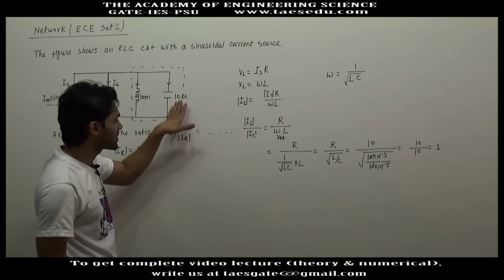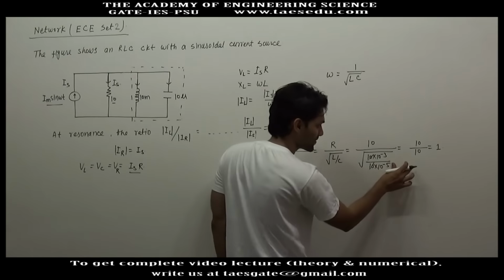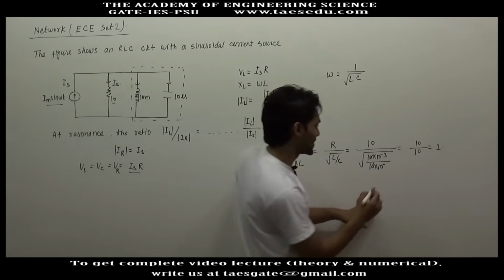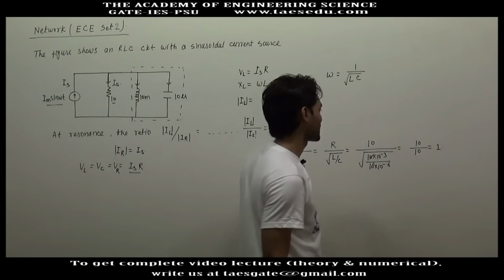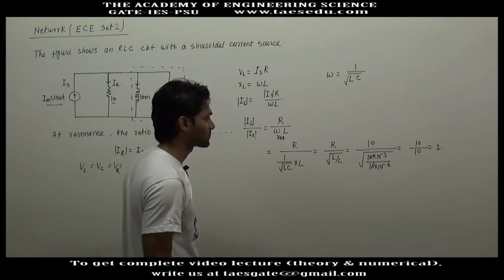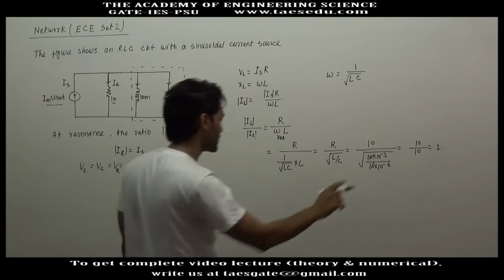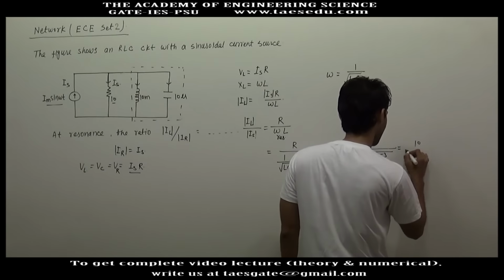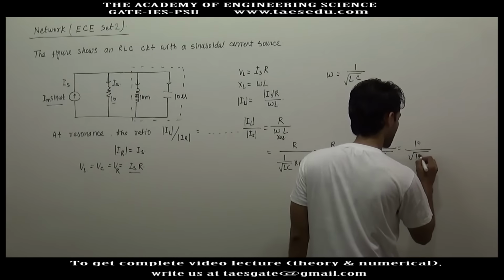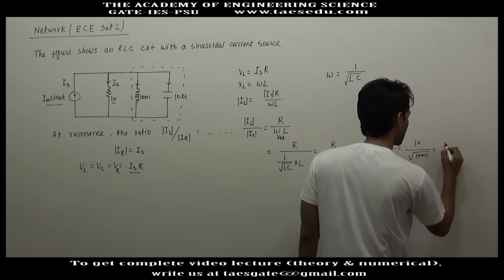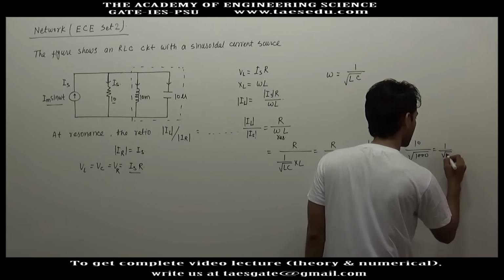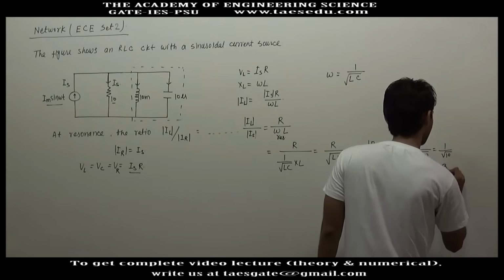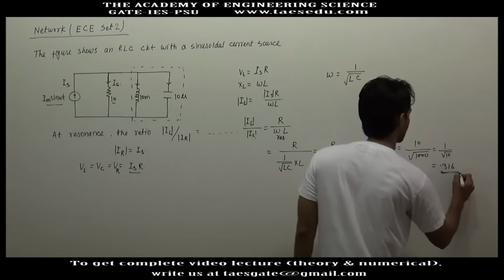The capacitance is 10 microfarad, so 10 into 10 to the power minus 6. So this will not be 1; this will be 10 divided by root under 1000, or 1 by root 10. This is 0.316. So this will be the correct answer.